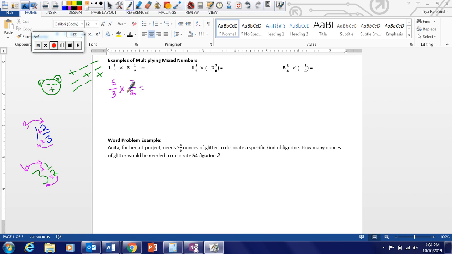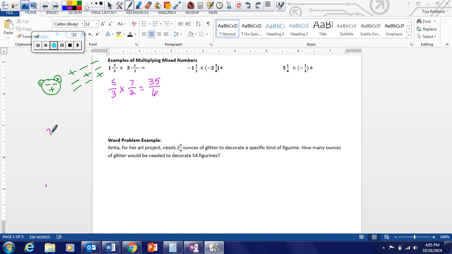Now you're going to multiply across. Can I simplify 5 and 2? No. Can I simplify 3 and 7? No. So it's 5 times 7 and 3 times 2. Now what's wrong with this number, 35 over 6? Right, it's improper.